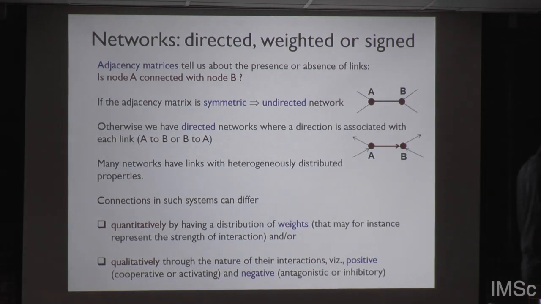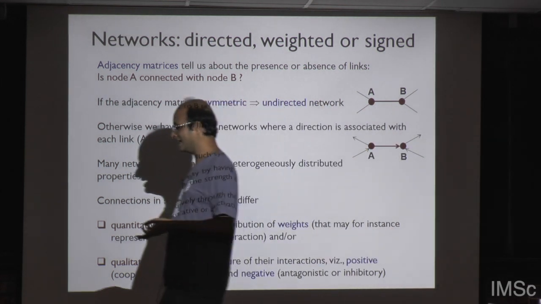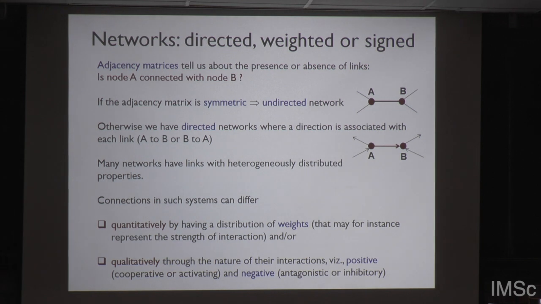Let's then take a step back and look at some definitions of these different metrics that we associate with networks, because we'll be using these metrics again and again. This is something that we mentioned briefly in yesterday's lecture, that networks could be of different types depending upon the properties of their links.